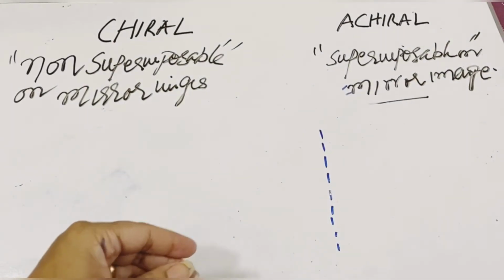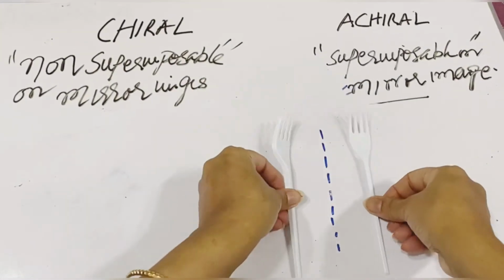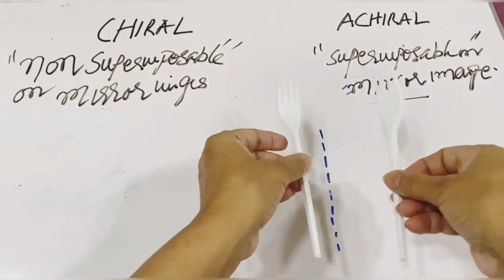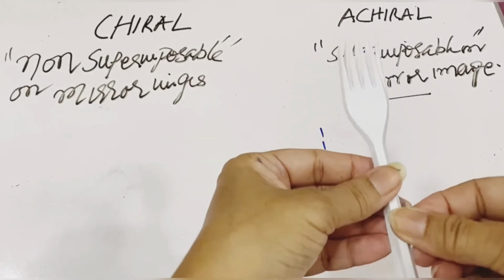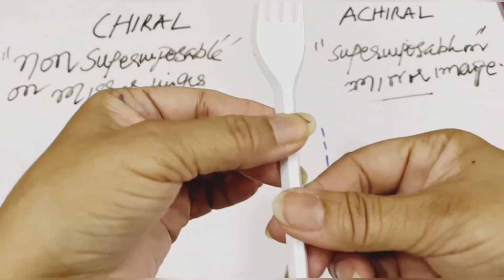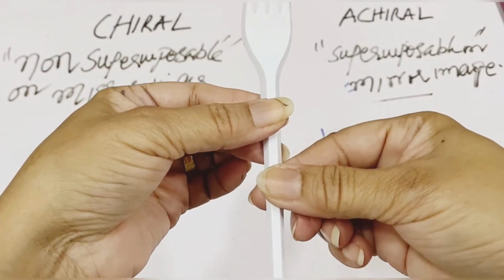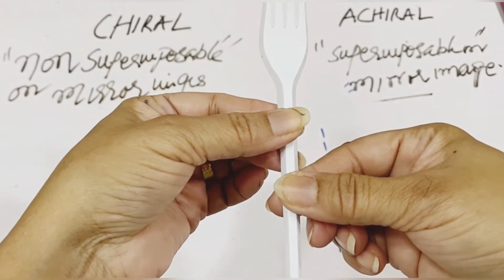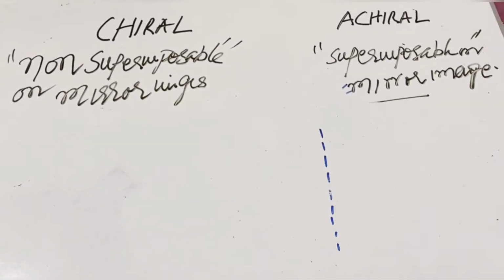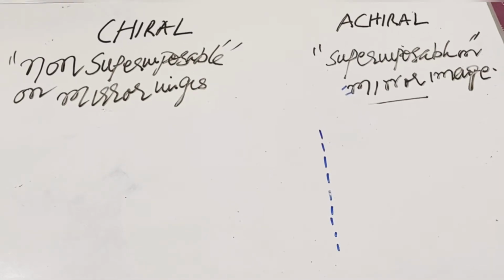Fine. Another example, fork. Just see how easily they can be superimposed. All parts coincide. Again an achiral example, a perfect achiral example.